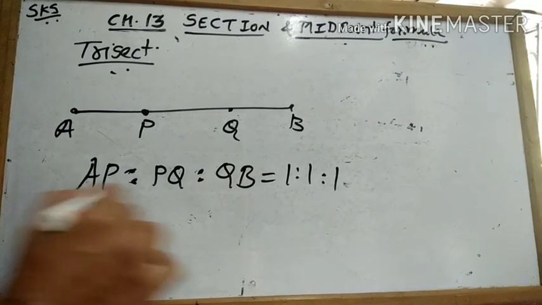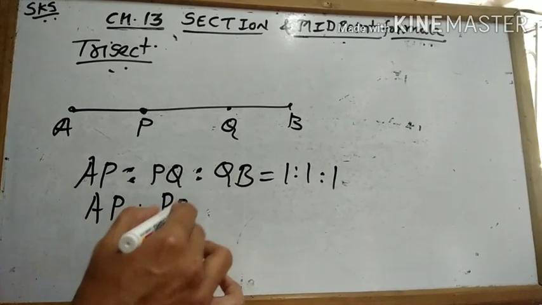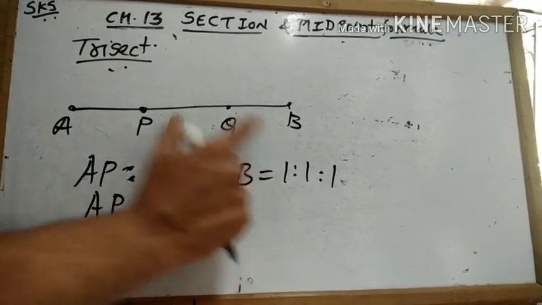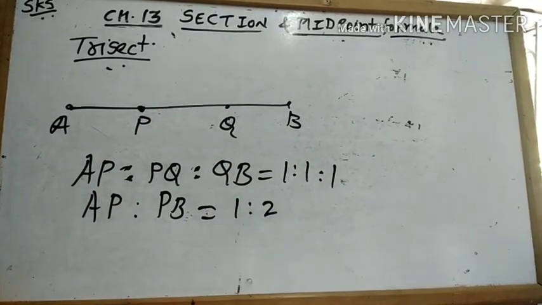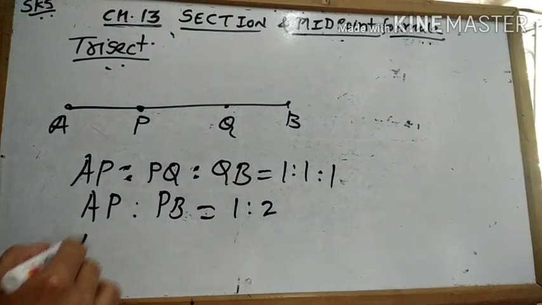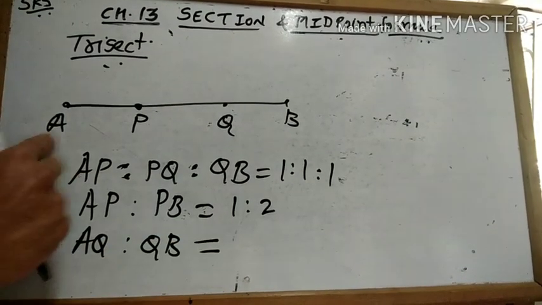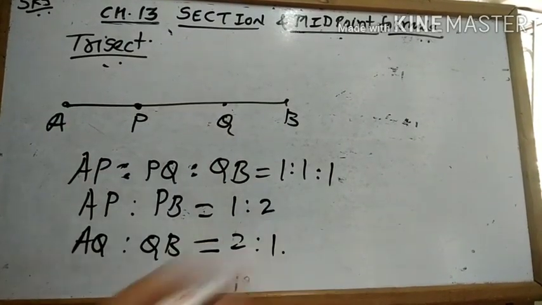Now, if I want to know AP : PB, it's pretty simple. AP is 1 part, PB is 1 plus 1, 2 parts, so AP : PB is 1:2. If somebody asks what is AQ : QB, AQ is 1 part plus 1 part, that is 2 parts, to 1 part.